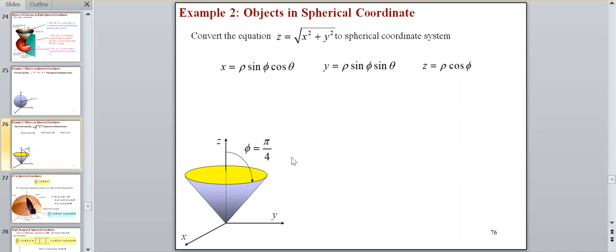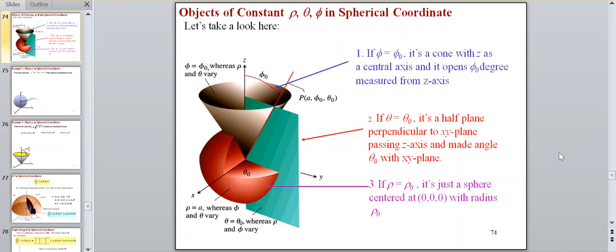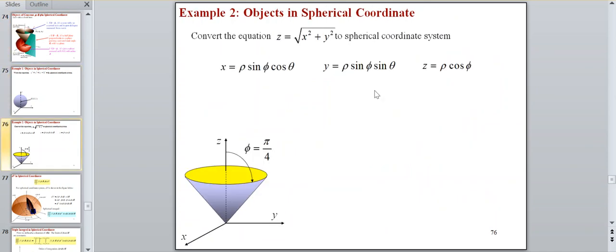Do you remember, in general, as we explained on some page here, that the equation of a cone in spherical coordinates will be phi equals phi 0? So when we find the spherical equation of this cone, it must be phi equals some constant.